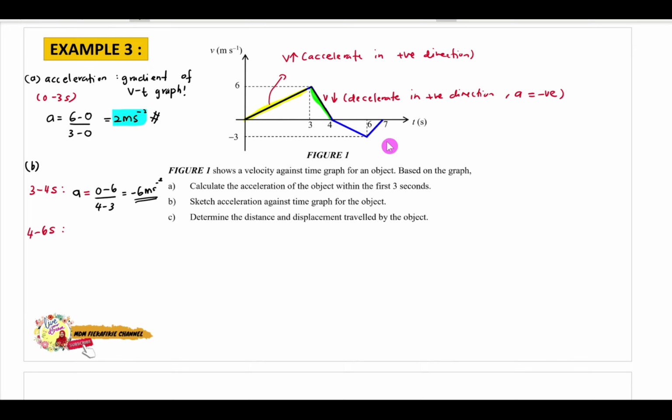Maknanya dia punya magnitude dia tu semakin bertambah. But the direction of the motion, since the velocity here is negative, means that the object is moving in negative direction. Okay, mungkin dia patah balik ke? Okay, so kalau saya tulis kat sini, V is increasing in negative direction.